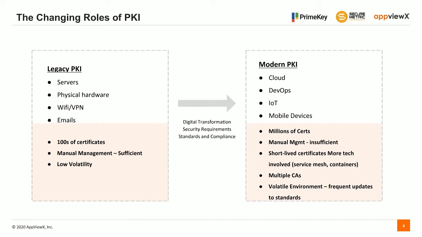There are completely fast track certificates being created with containers. They are valid for a couple of months instead of years and whatnot. And the IoT and mobile devices have exploded the number of certificates. So now we are looking at millions of certificates per enterprise. And because of that scale, manual management, how we used to do, is not sufficient, right?